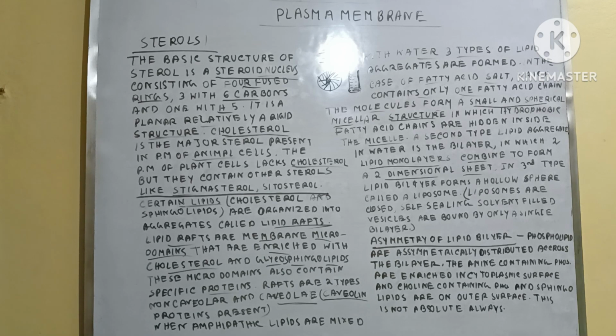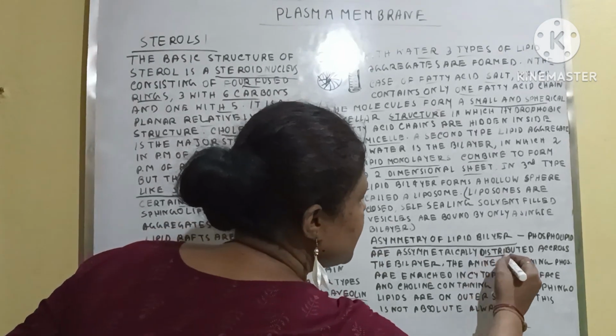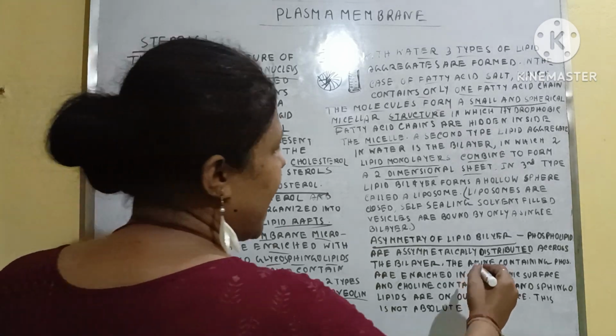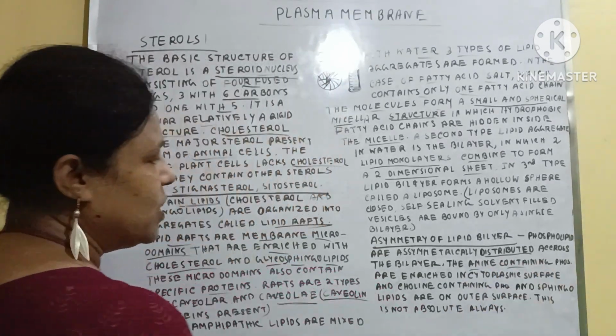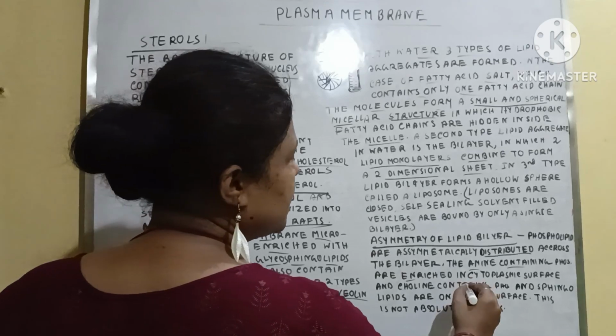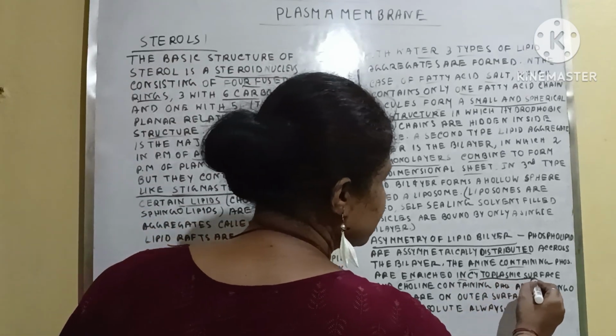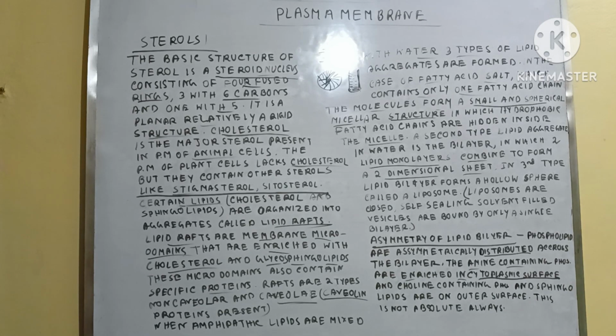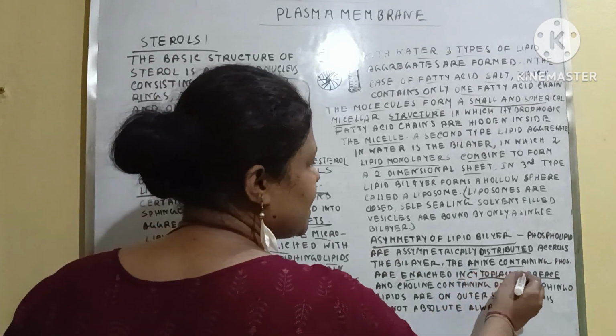Here one thing is very important, that is the asymmetry of the lipid bilayer. What is the asymmetry of the lipid bilayer? The phospholipids are asymmetrically distributed across the bilayer, and the amine-containing phospholipids are enriched in the cytoplasmic surface.